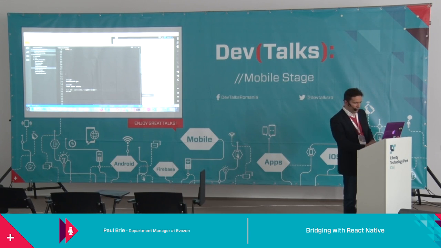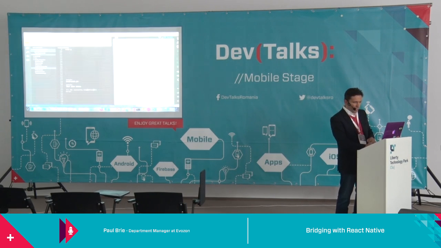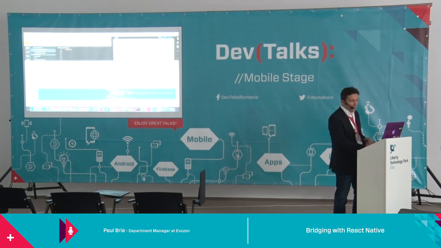Okay. There we go. Hopefully the code is okay. So let's see what happens in the Android part. Actually, you've seen what happened. I have the console of my JavaScript code pushed to the Android console.